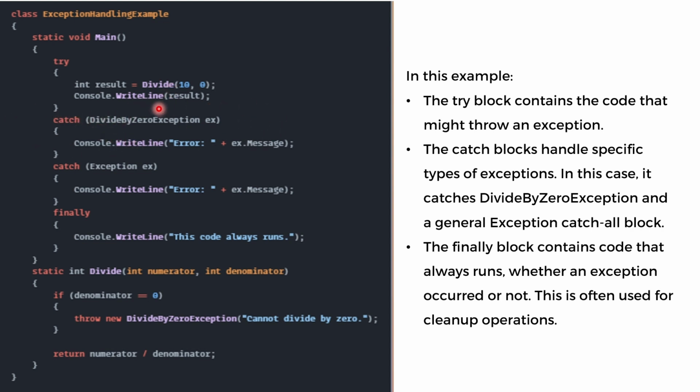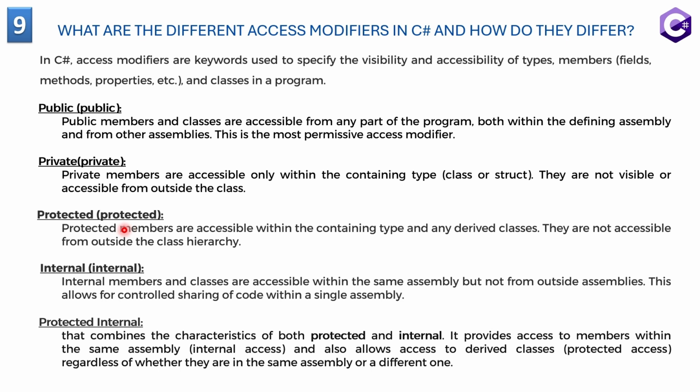But in case of any general exception, this general exception block is called. After that, the finally block contains the code that always runs whether an exception occurred or not. This is often used for cleanup operations. So this must be called after the try-catch code. So this is the exception handling concept.